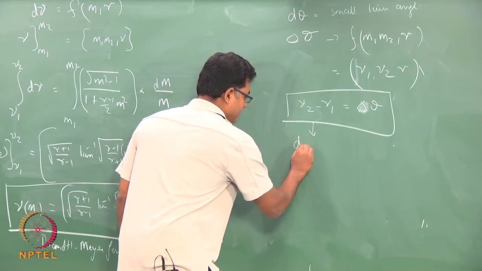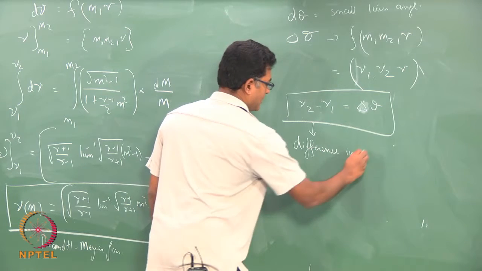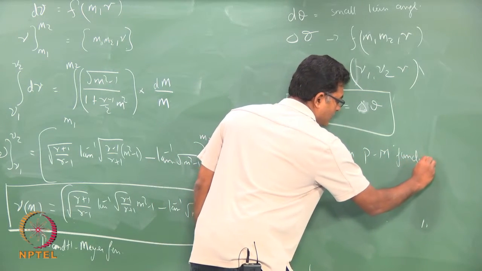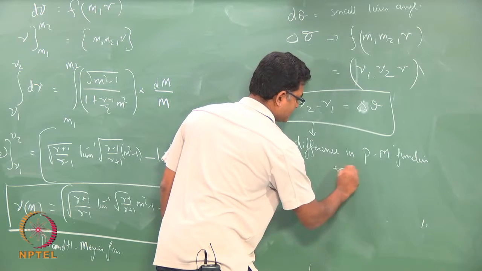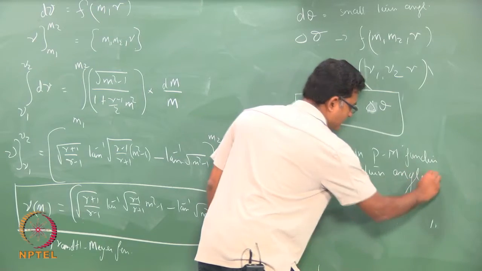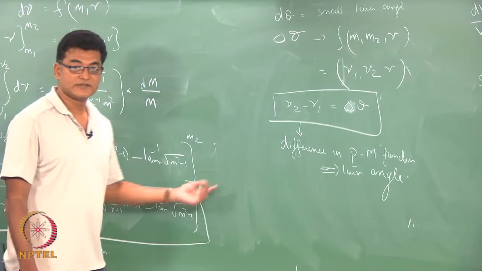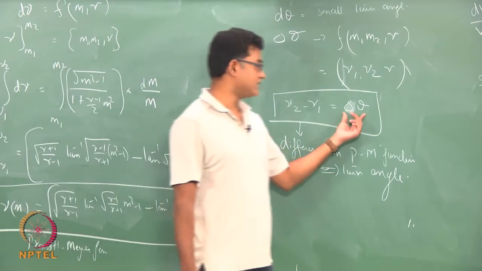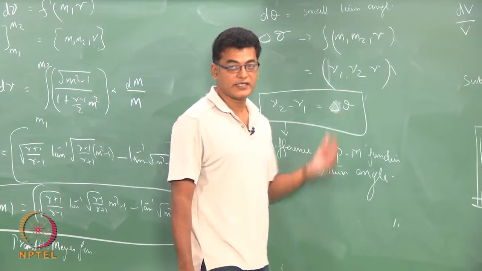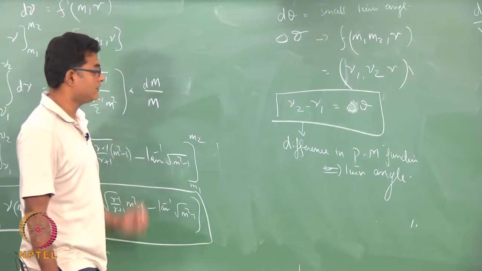So, your difference in Prandtl-Meyer function is my turn angle. That is the important thing. And as we have seen, d theta is negative for a compression and positive for an expansion. Okay.